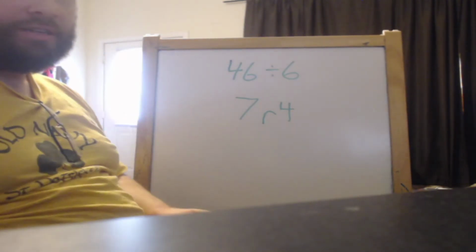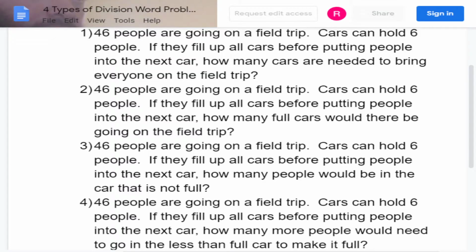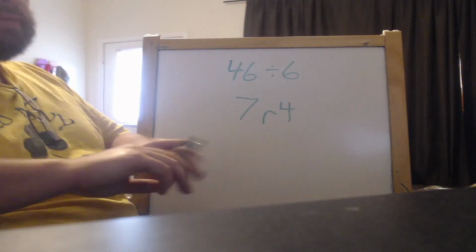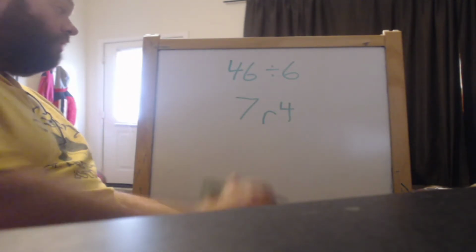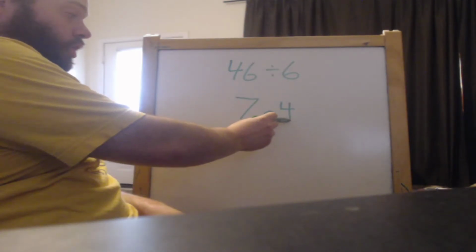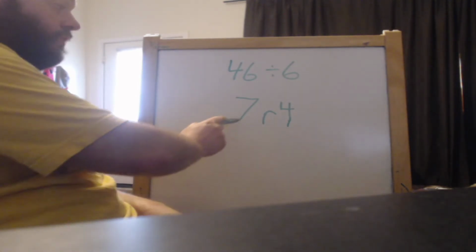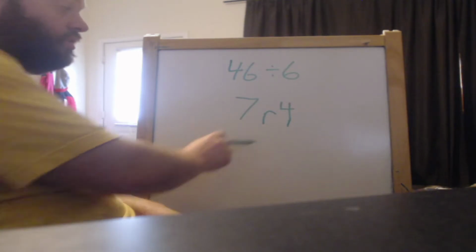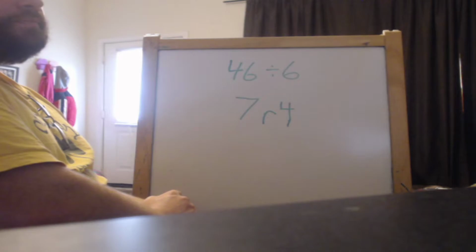Now this is applicable for each of them. For the first one, it says how many cars are needed to bring everyone on the field trip. So there would be 7 full cars and then a car that has 4 people in it, right? If we just took 7 cars, there would be 4 people waiting in the parking lot. We can't do that, right?